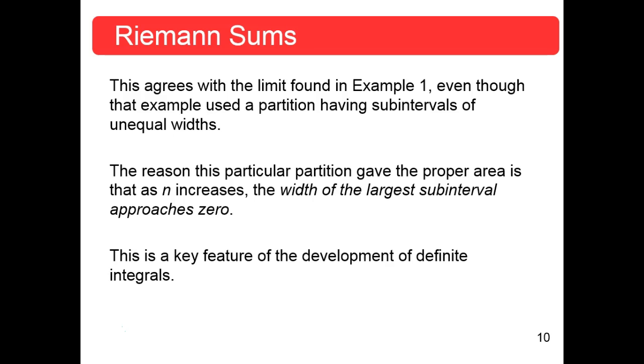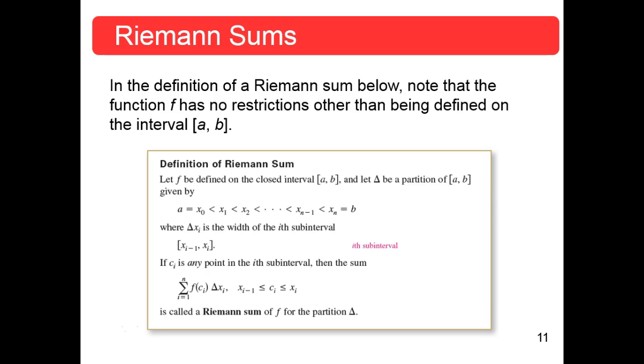The reason that particular partition gave the proper area is that as n increases, the width of the largest subinterval is also going to 0. Because if n is going toward infinity, no matter how big that last subinterval was, it's still getting smaller and it's going to 0. Okay? That is a key feature in the development of definite integrals. It was before, it still is.